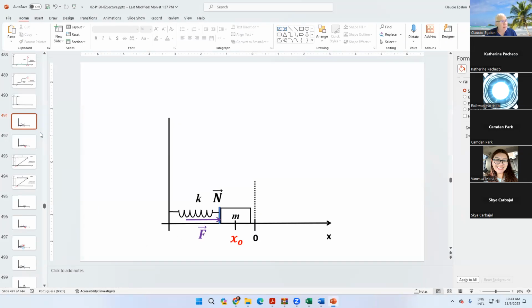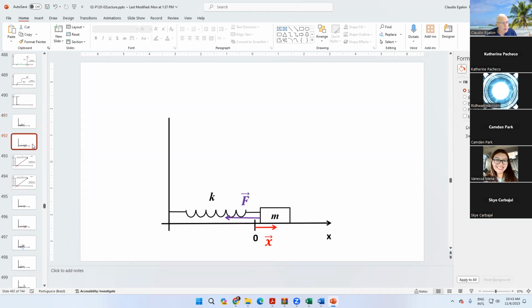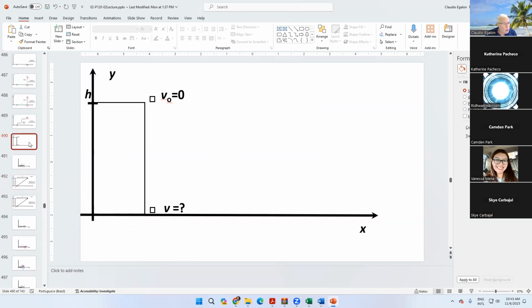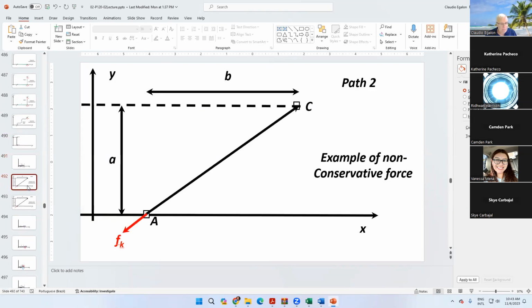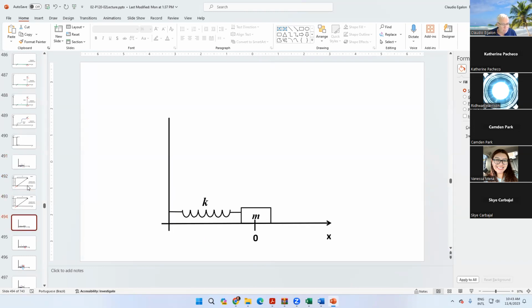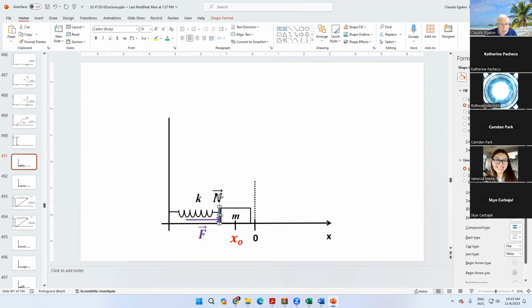So the situation is like that. You're going to play the movie. All right, let's see if I have it here. No, I don't want this one. I want this one here. At this point in time, the force is 0, but then I have to put that plate there, a little bit longer than that.